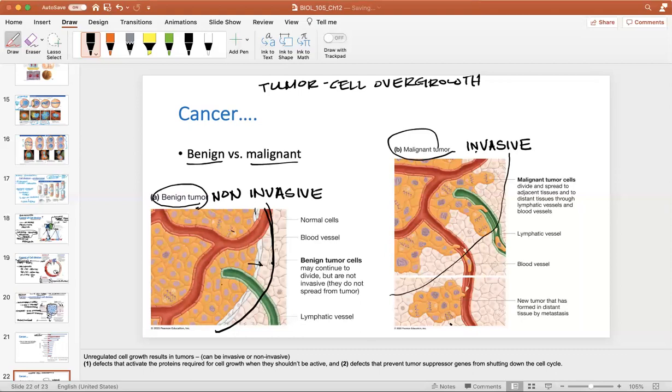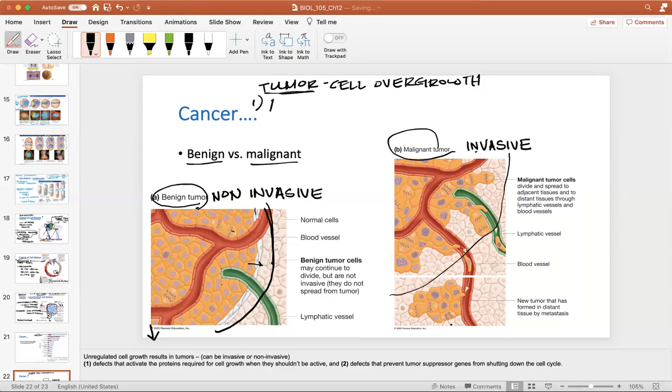Okay. So there are two basic defects that can cause this unregulated cell growth or these tumors to grow. Two basic defects. And I have them for you down here in your notes. First of all, there can be defects that activate proteins required for cell growth when they shouldn't be active.